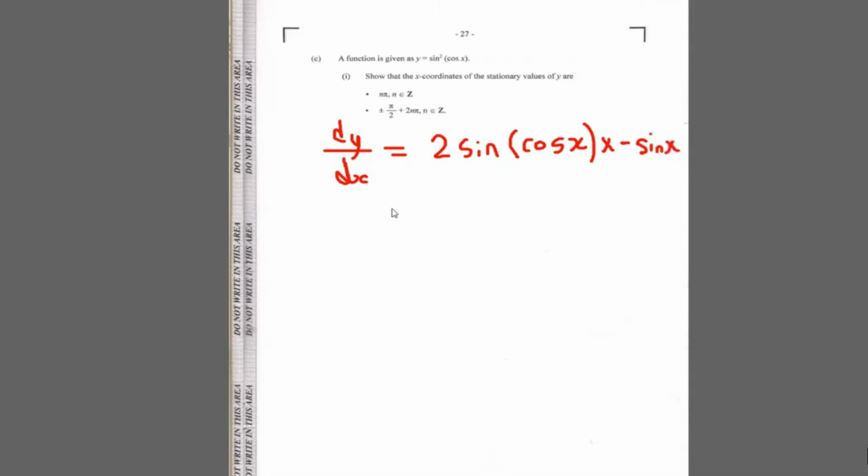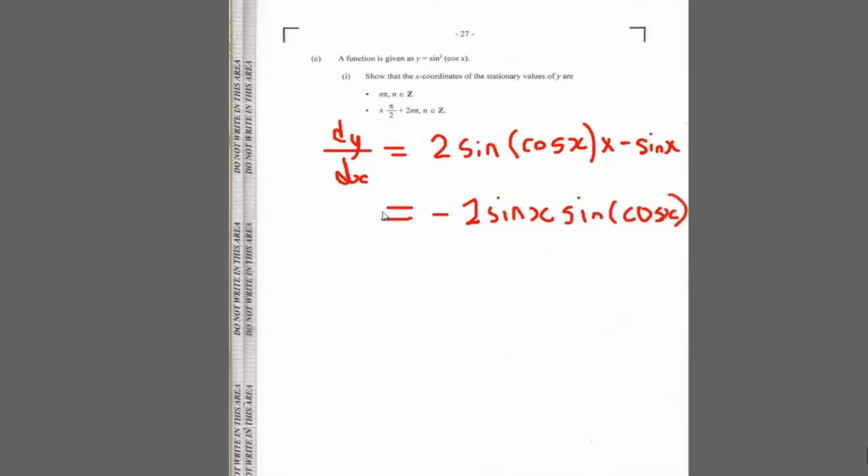So that's dy by dx. So you might want to write it that dy by dx is minus 2 sine x times the sine of cos x. That's dy by dx. And remember, the stationary point is going to occur when dy by dx is 0.